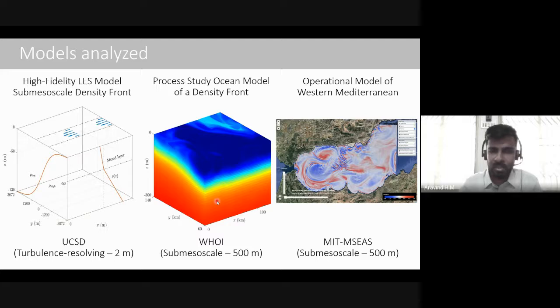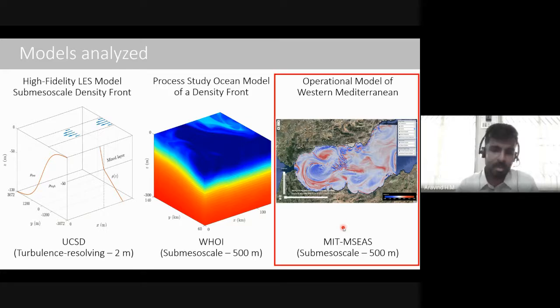The second model was a slightly larger scale model, which still looked at what happens across density fronts. And this was a larger model spanning around 150 by 150 kilometer domain. And now the resolution was 500 meters. And the final model we considered was a realistic data assimilative model of the Western Mediterranean by the MIT MSEAS group. And today, for the sake of brevity, I'll just be looking at results from that model.